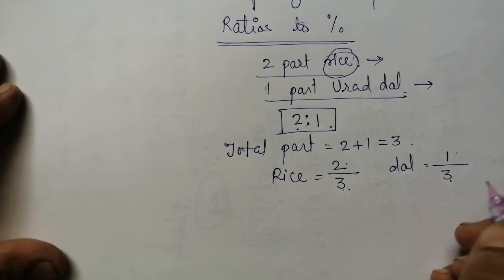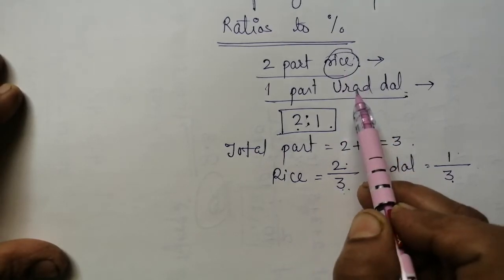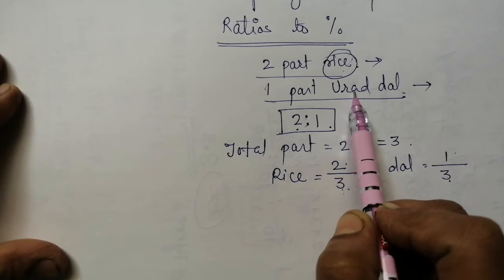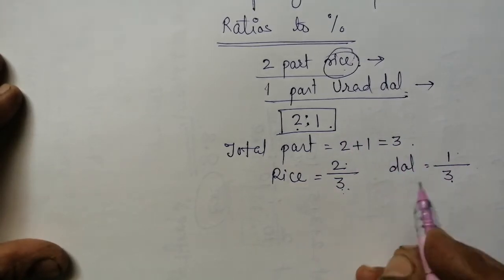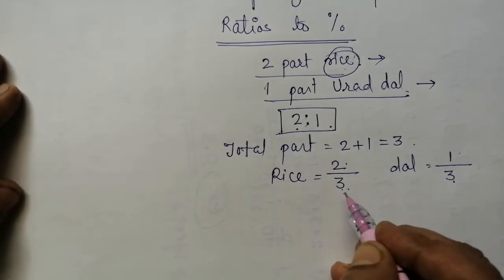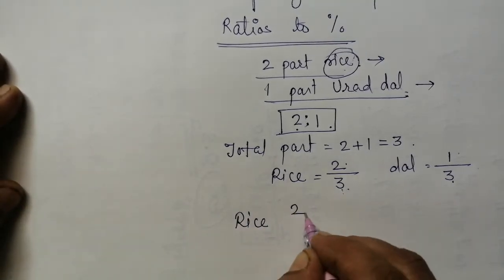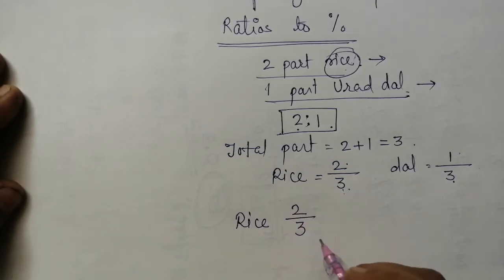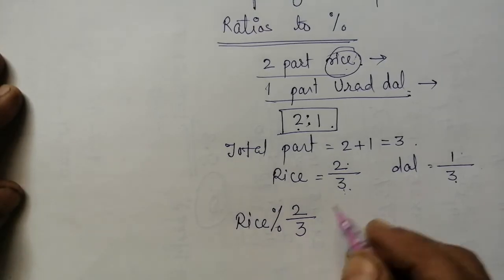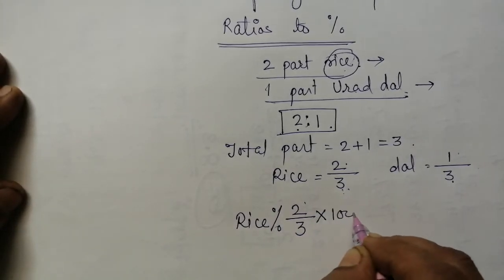Now they ask what percentage of rice and what percentage of urad dal is used. Here we have to find the percentage. Percentage means nothing but out of 100, isn't it? For the rice, it is already 2 by 3, so to find the percentage we multiply 2 by 3 by 100.